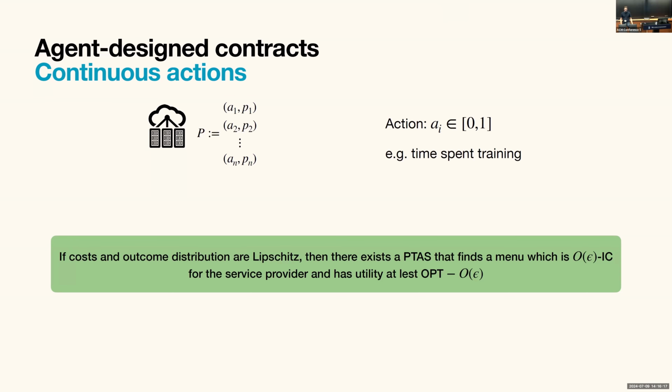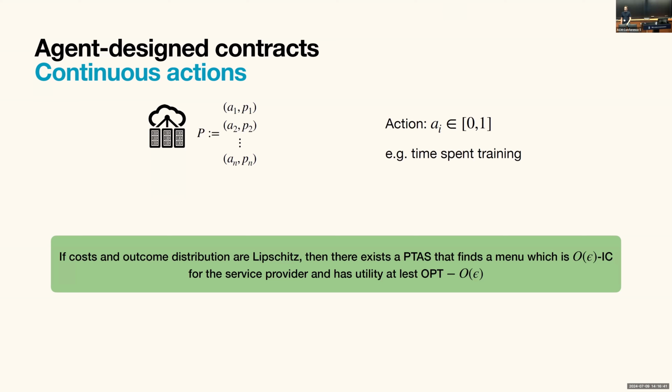And we have that if some regularity conditions are met, for each constant approximation that we want, there's a polynomial time algorithm which is epsilon-IC for the service provider, and gives a utility which is epsilon far from the optimal one.